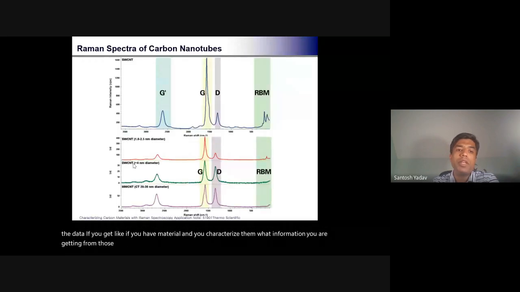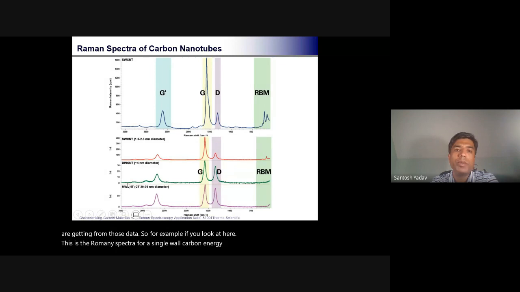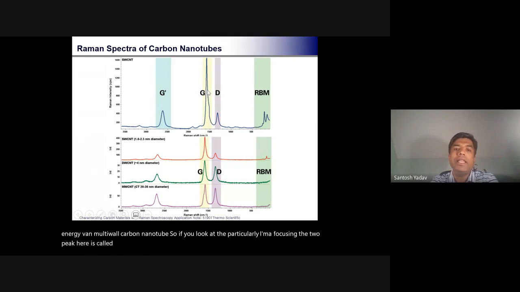So for example, this is the Raman spectra for single wall carbon nanotube, double wall carbon nanotube, and multi-wall carbon nanotube. I'm focusing on two peaks here, called the G peak and the D peak. The D peak is related to defects. If you are creating any defects on the surface of the carbon nanotube, the D peak increases.